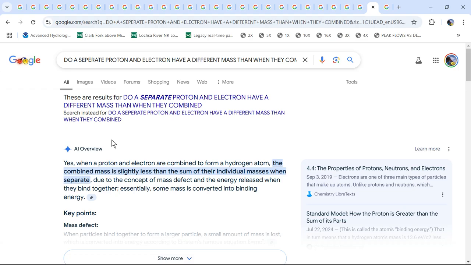But the take-home point that I learned is that our general understanding is that you might have a slight fluctuation in the quantity of mass, whether they're separated or combined, but if you're counting up protons, electrons, and neutrons, that number does not change. So there's no appreciable change in mass in the universe.